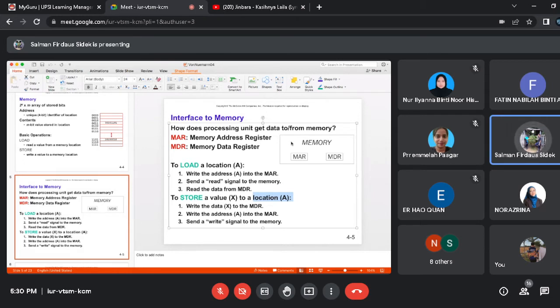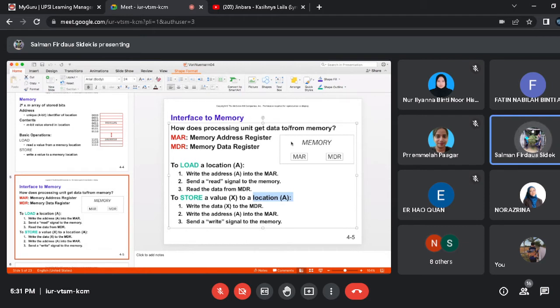So what is happening after the write signal is sent to the memory? At this stage, the address is already registered in MAR, while the information is already registered in MDR. And then the control unit will send the write signal. So what is happening next?